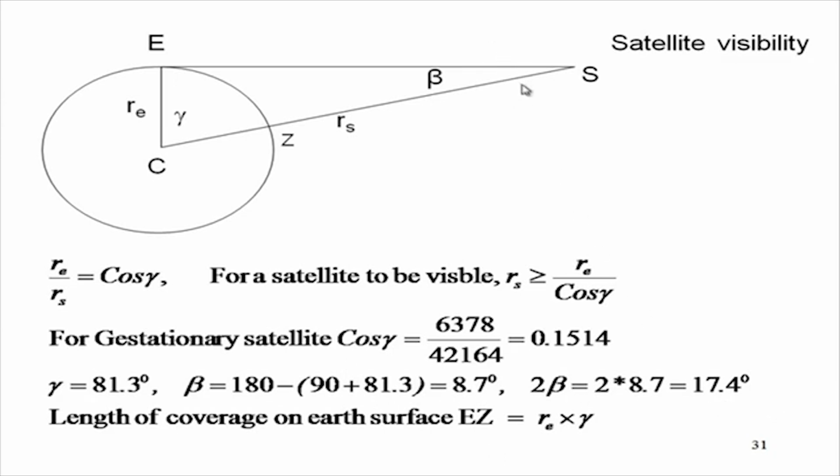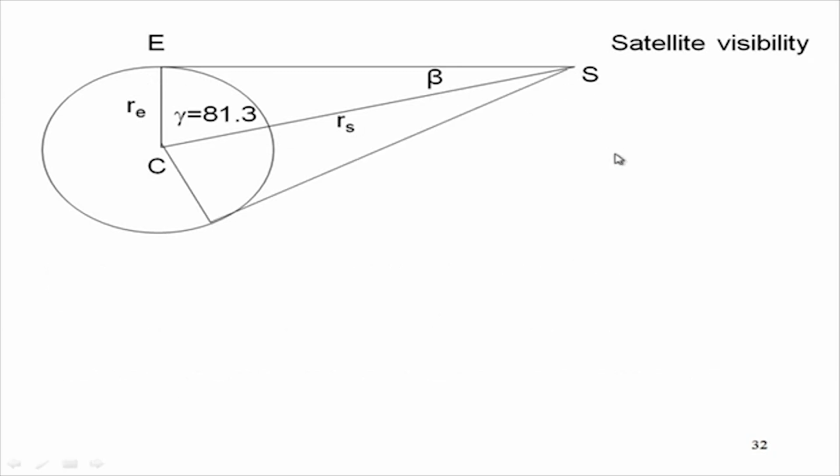That means the satellite with a 17.4 degree angle can see the Earth end to end. So, the length of the coverage for the satellite visibility is this arc, that is RE into gamma.